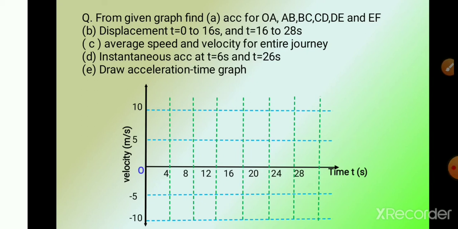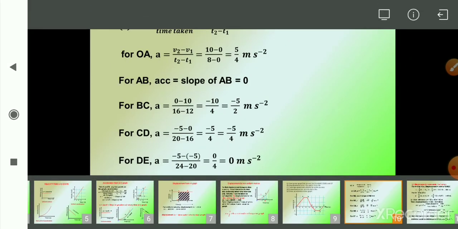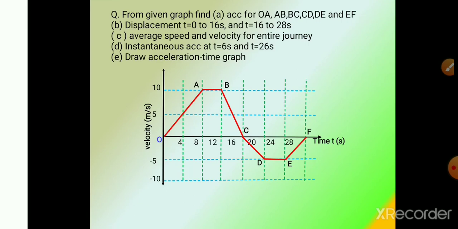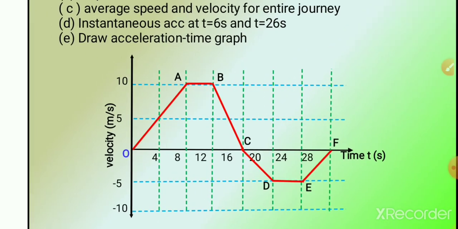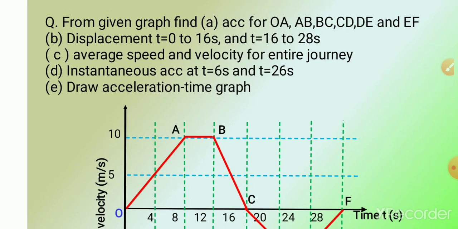So here we have been given a VT graph with different velocities and accelerations. Different segments are marked here. So this is the graph, and let's see what all things we have to do from here.